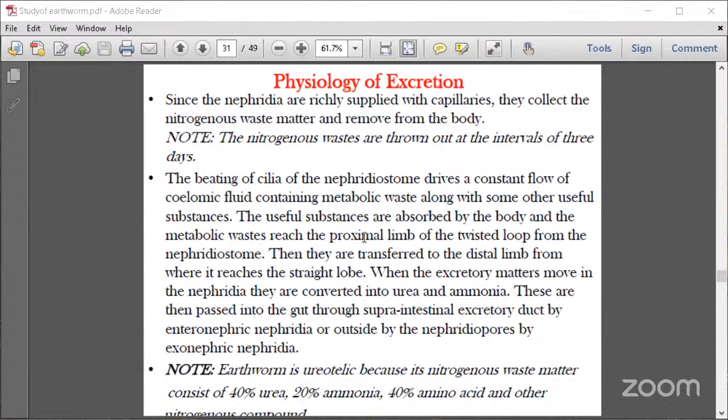Here the earthworm is ureotelic, because its nitrogenous waste matter consists of 40 percent urea, 20 percent ammonia and again 40 percent amino acids with other nitrogenous substances. That is why we consider the earthworm a ureotelic organism.